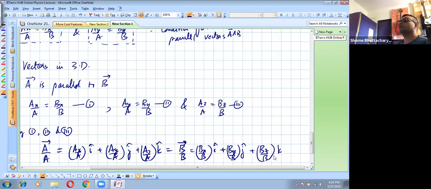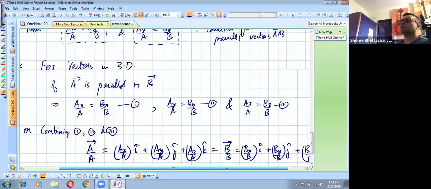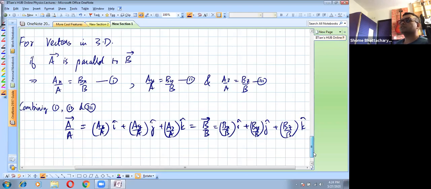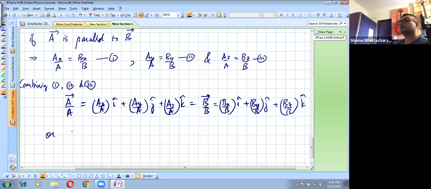In other words, if I write equations 1, 2, and 3 in combined form, just put an i cap on both sides in equation 1, a j cap on both sides of equation 2, and a k cap on both sides of equation 3, and add them up. So we'll get this. Now this is the condition of saying that vector A divided by its magnitude must be equal to vector B divided by its magnitude, which is as good as saying that A cap is equal to B cap.